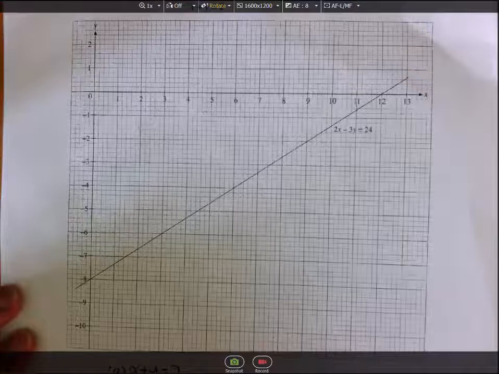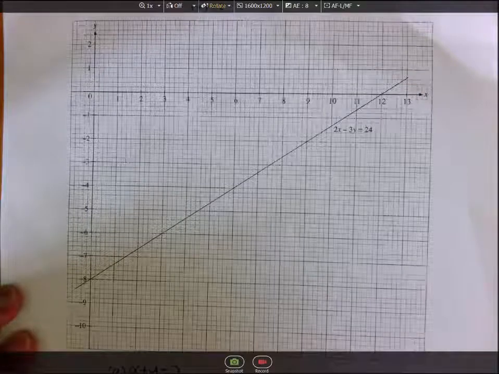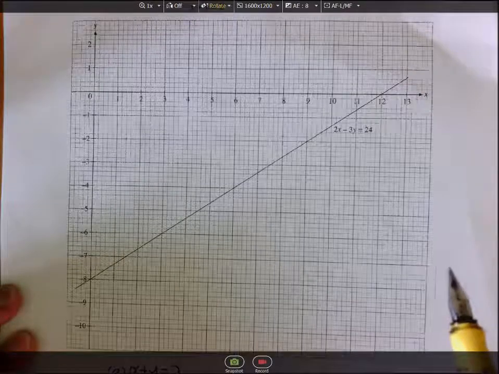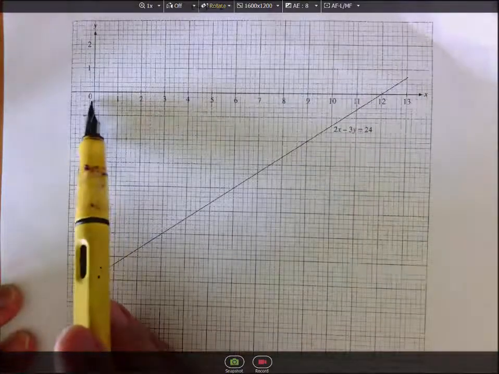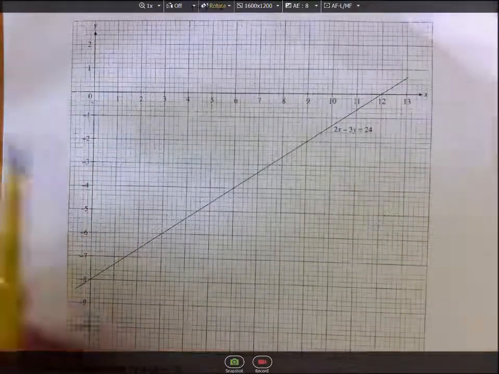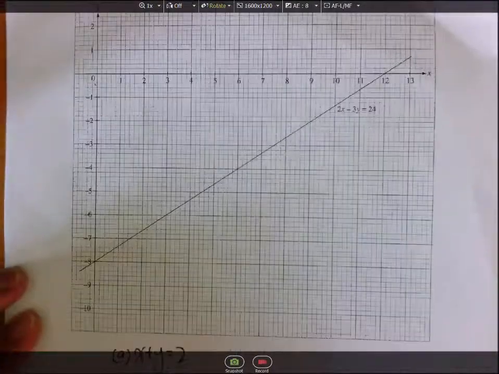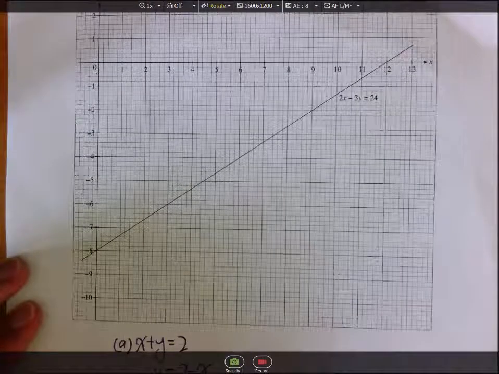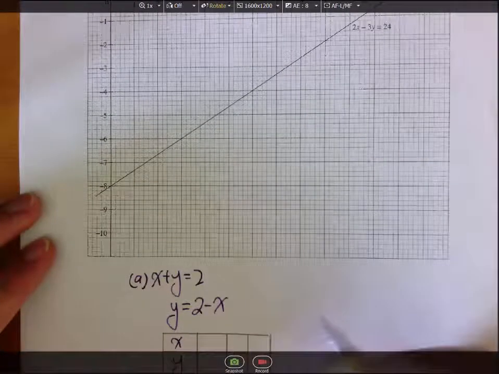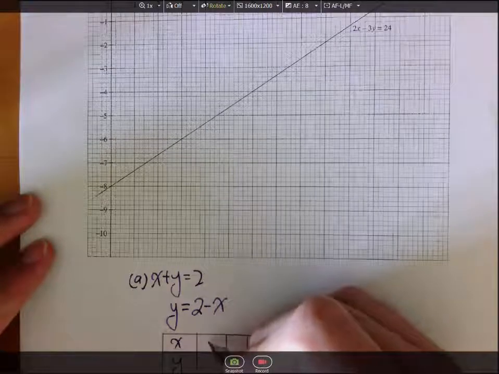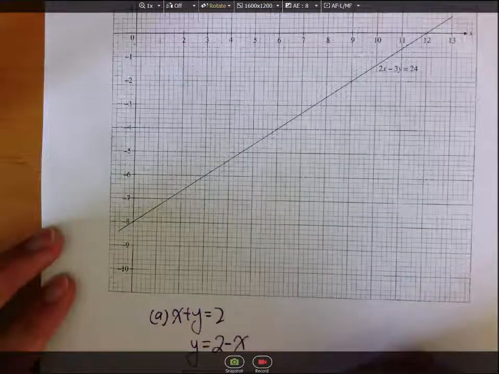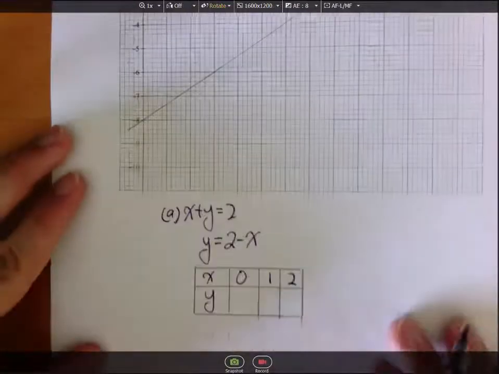Should we choose negative values of x? In this case, the answer is no, we should not, because if you see, x starts at 0 and ends at 13. There are no negative values, so they are not so good in this case. So I should choose positive values. Let me just use something simple, like 0. 0 is not positive, but 0 is within the scale, so I choose 0, 1, and 2.